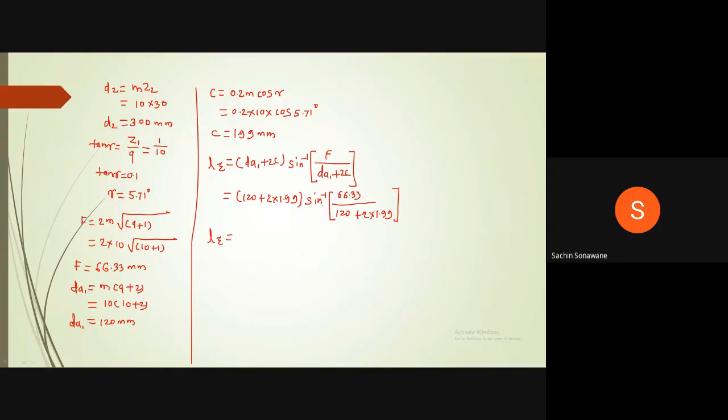Take its sine inverse, then solve the other bracket, then multiply. Recheck, I think it is 69.98. So LR is 69.98 mm.